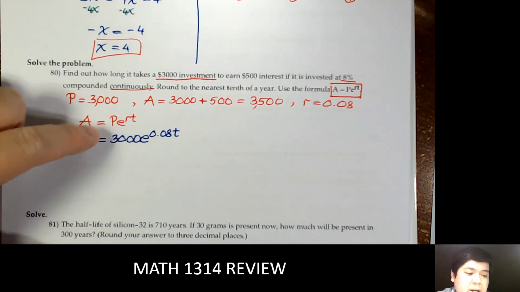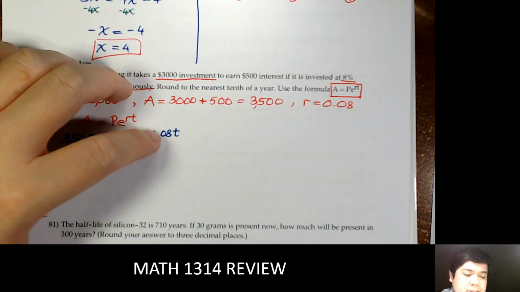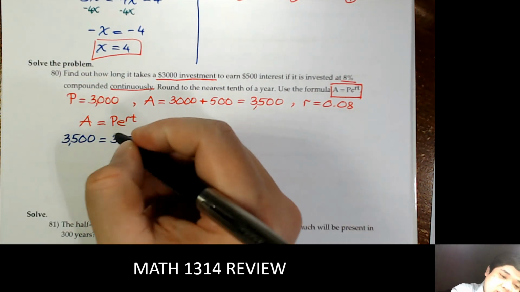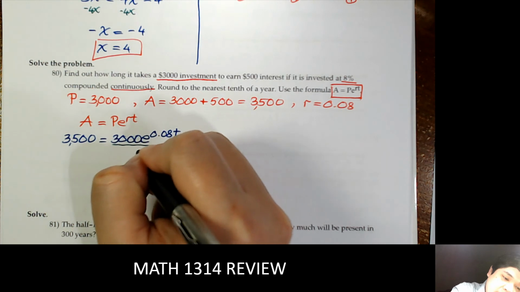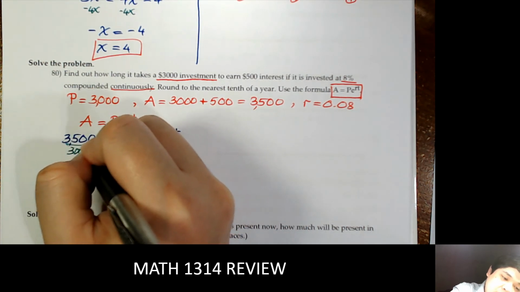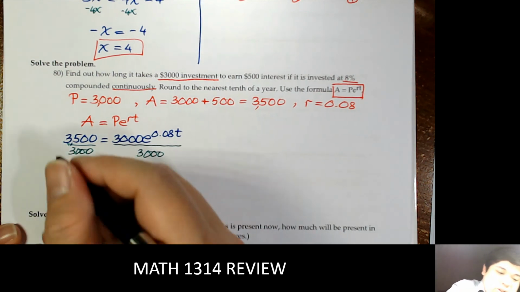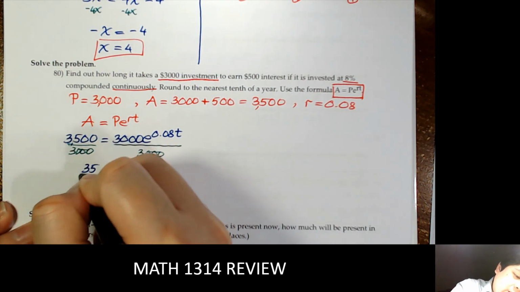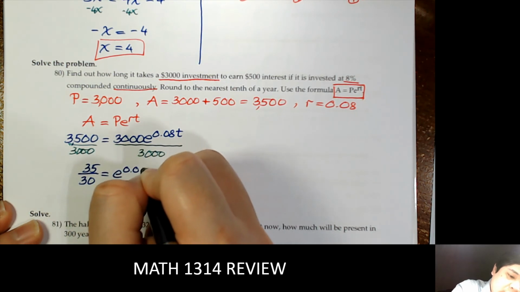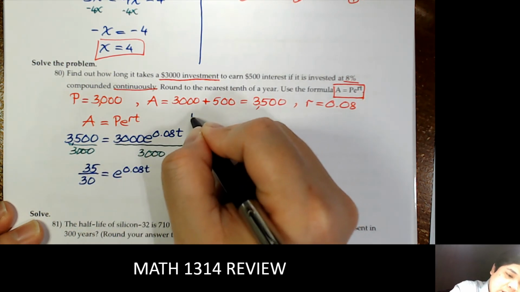First, we're going to divide by 3,000 because we try to get the exponential term by itself. So let's divide by 3,000. So cancel the two zeros. We have 35 over 30 equal to e to the 0.08 t.